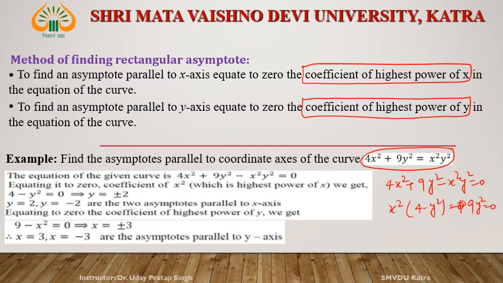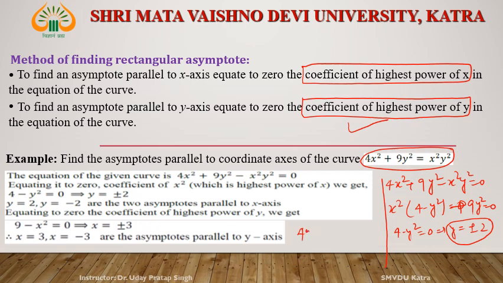Now the coefficient of x square is 4 minus y square. This is 0. What is y? y is equal to plus minus 2, right? This is the asymptote parallel to the x-axis. Now for asymptotes parallel to the y-axis, the coefficient of the highest power of y equal to 0.